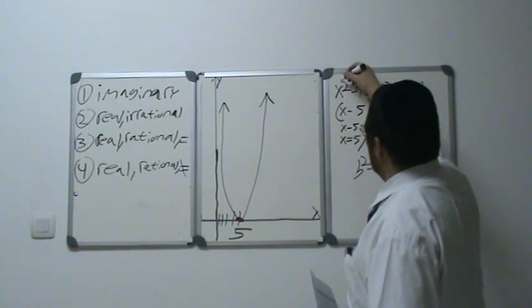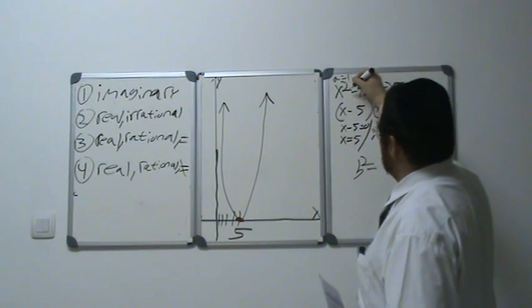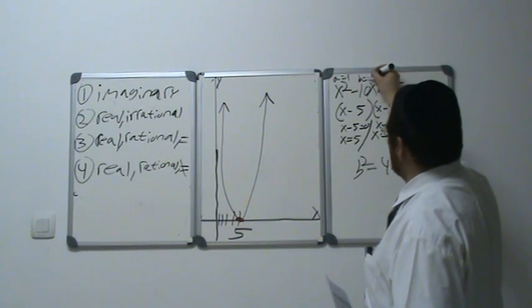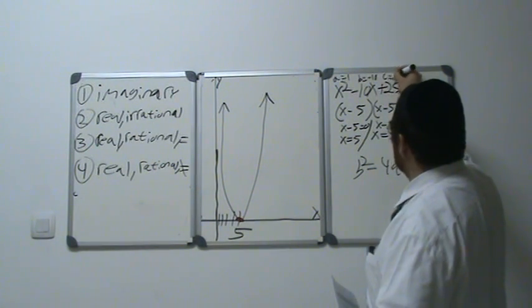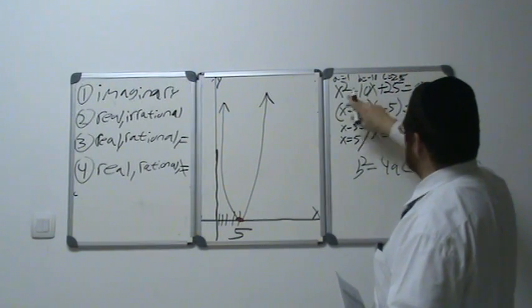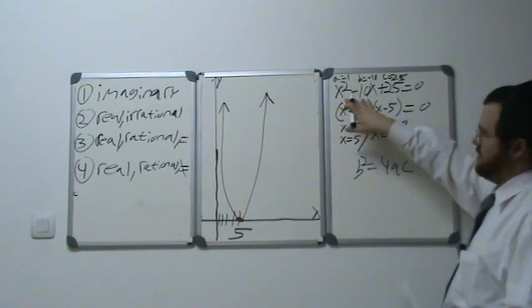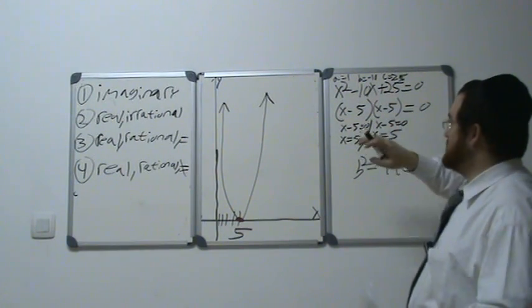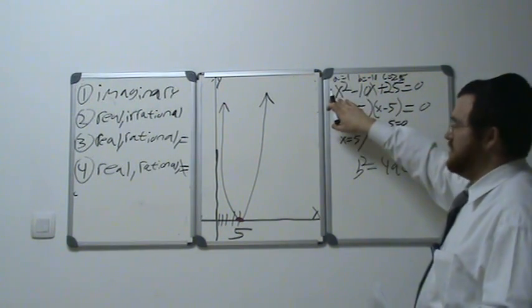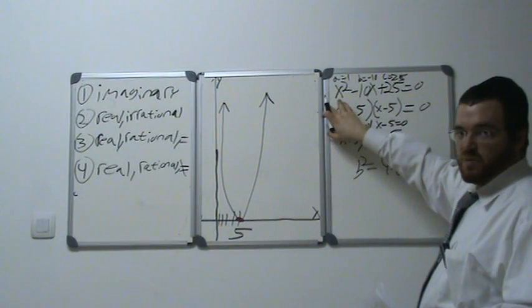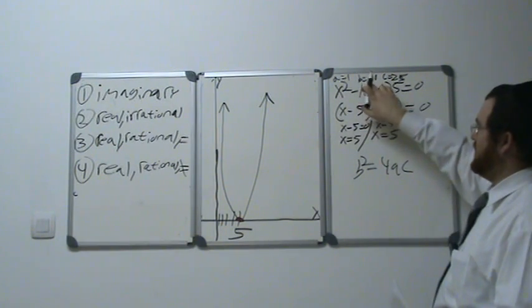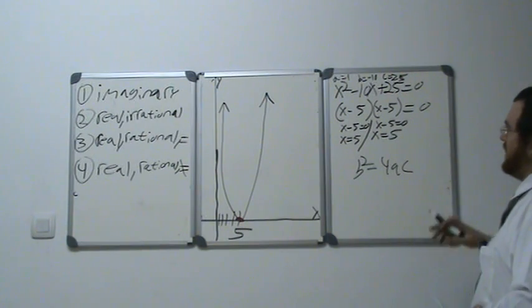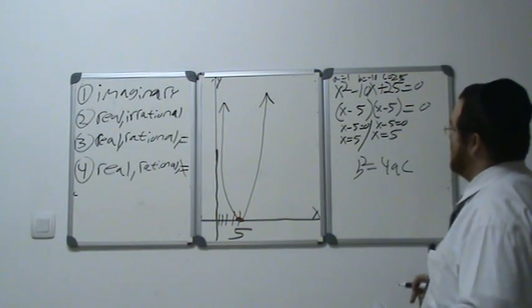So over here, a is equal to 1, b is equal to negative 10, and c is equal to 25. Because the a, b, and c over here are the numbers that are connected to the x's. So x squared has a 1, because anything times 1 is itself. The x over here has a negative 10, and c has a 25.